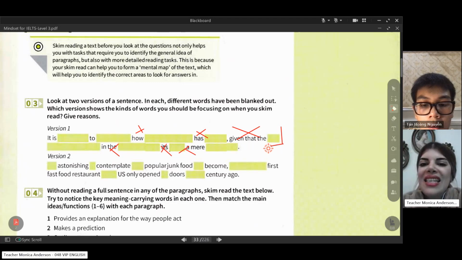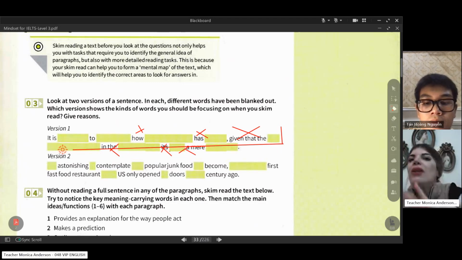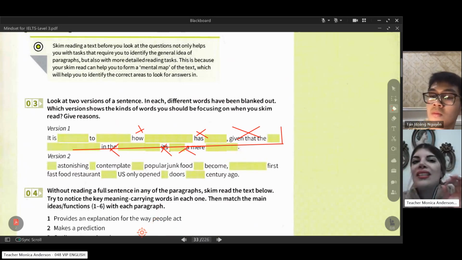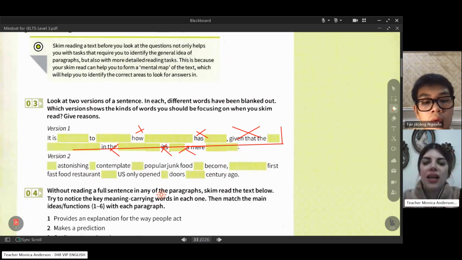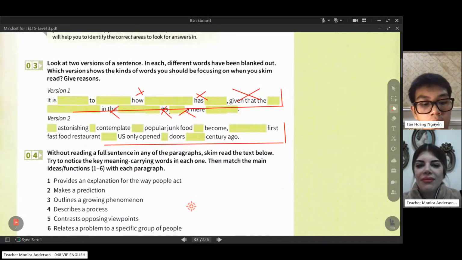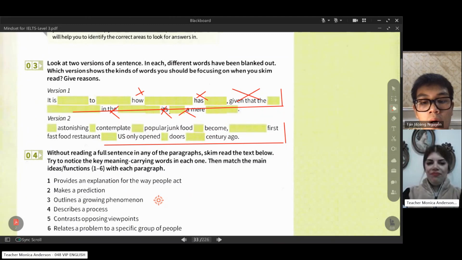So this is not related to skim reading. But in version 2, we need to concentrate on the content words to get the main idea of the text. So the second one shows the kind of words for skim reading.